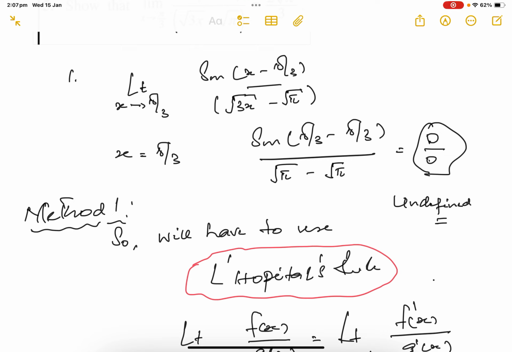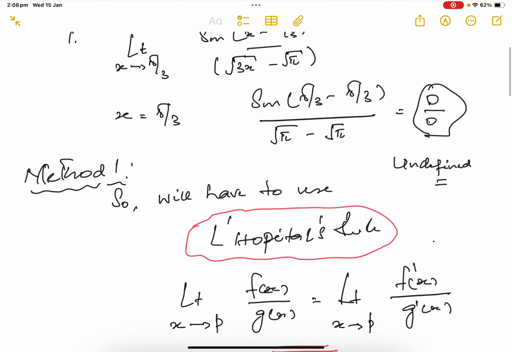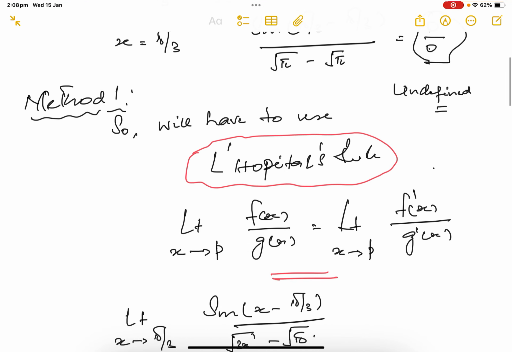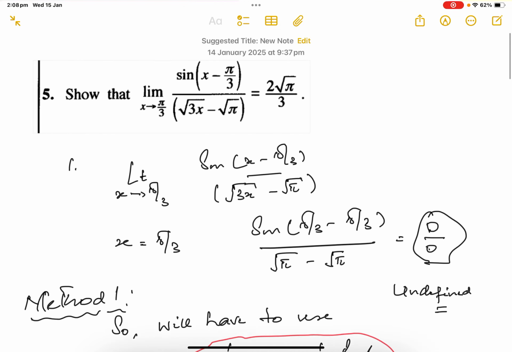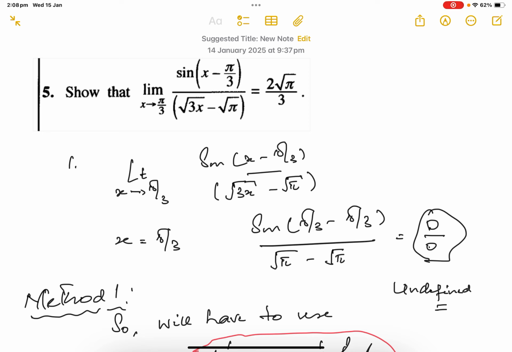Obviously that's not the way to deal with this question. We need to find some way to get the realistic value. And of course, the value is being given as 2 root of pi over 3.